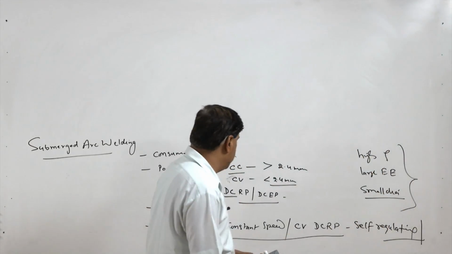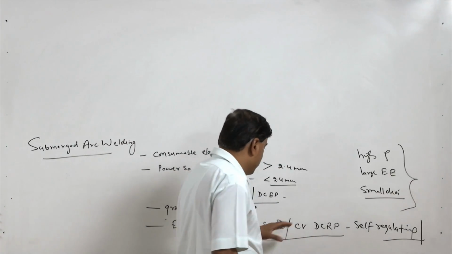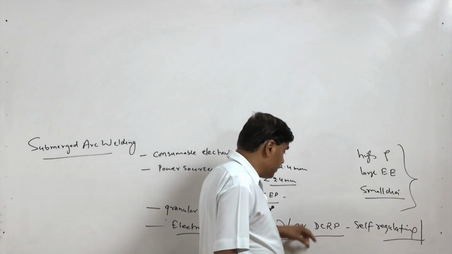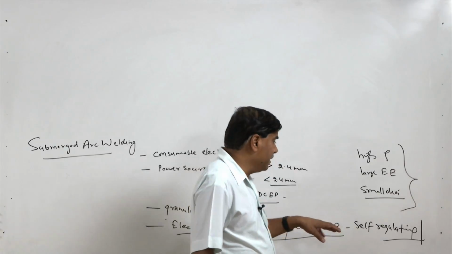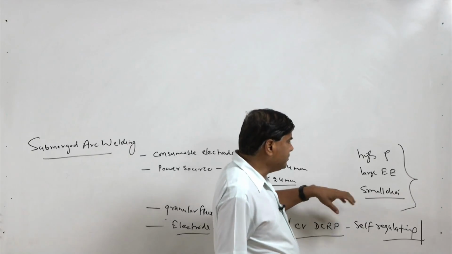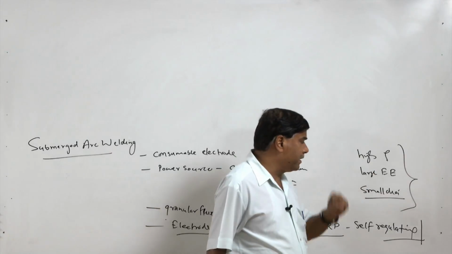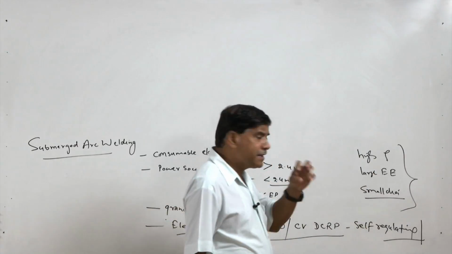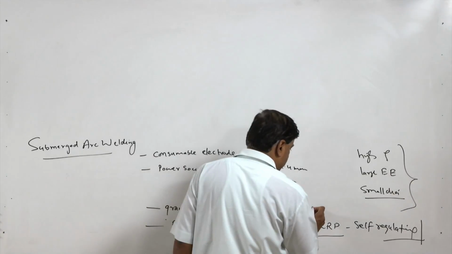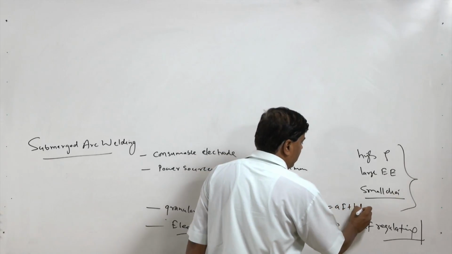This is the kind of combination where constant speed feeding arrangement with constant voltage power sources, DC reverse polarity is used to obtain the self regulating arc, especially when the electrical resistivity of the electrode material is high, large electrode extension is used and a small diameter electrode is used. So, this kind of situation responds extremely well for the melting rate, as I have explained in the earlier lectures.